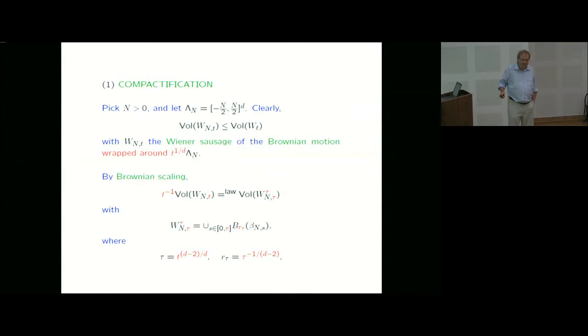So this power of t is a new time horizon, which we call tau. And we are running the Wiener sausage over this new time interval, and it so happens that the Wiener sausage is actually becoming very small. So this is what we call the shrinking Wiener sausage.